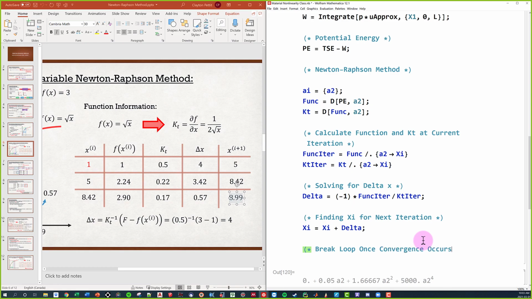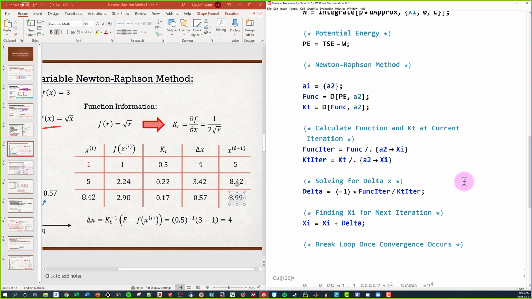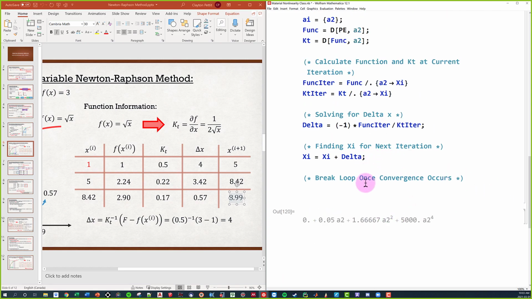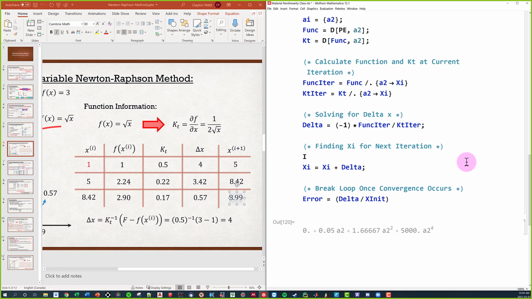Now, when we're doing this, we base it upon the error. In this case, our error is simply going to be equal to, using the formula right from the slides, delta minus our initial value of x. So here's the problem: this right here is our initial value for the next iteration, not the initial value for this iteration. So I need to actually store the initial value for this iteration.